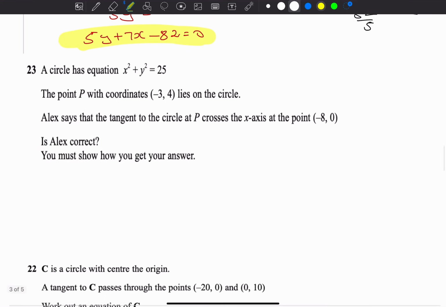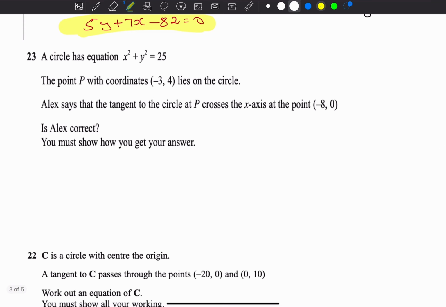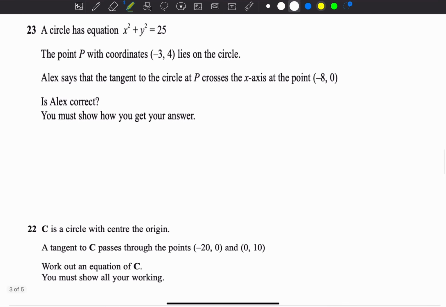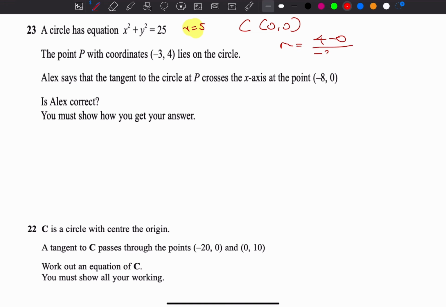A circle has that, and you know what the radius is: the radius is 5, but they're not asking for the radius. The center is 0, 0 because it hasn't been specified. So what is the gradient? 4 take away 0 divided by minus 3 take away 0, which is minus 4 over 3. The actual gradient, the perpendicular one, is 3 over 4.